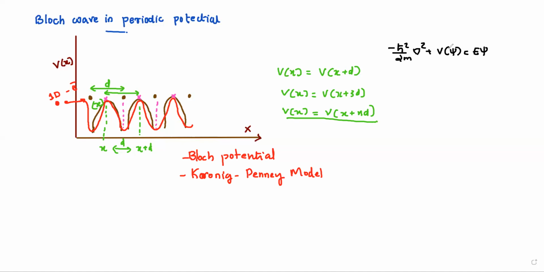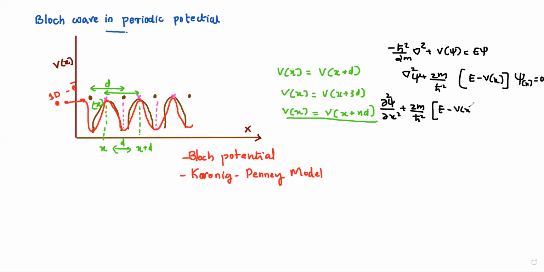Then, if E is negative here, and there is a negative sign throughout, multiplied by a negative sign, and throughout by 2m by h square, then del square psi plus 2m by h square into E minus V of x into psi of x equals 0. Del square in the x direction we can write as d square psi by dx square plus 2m by h square into E minus V of x into psi of x equal to 0.